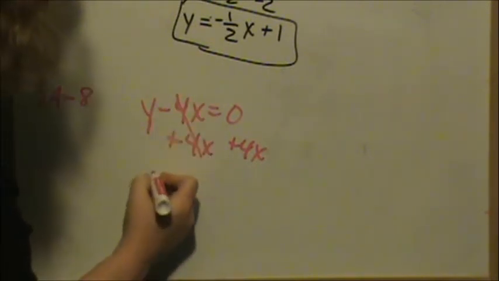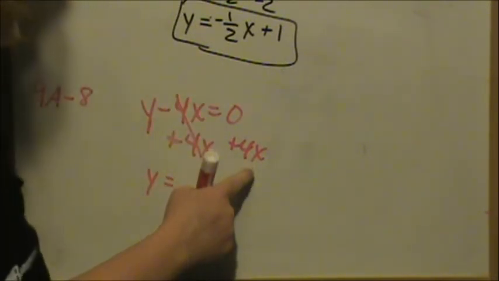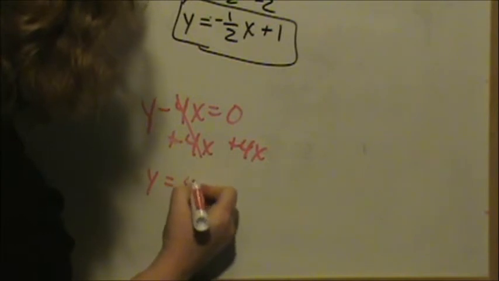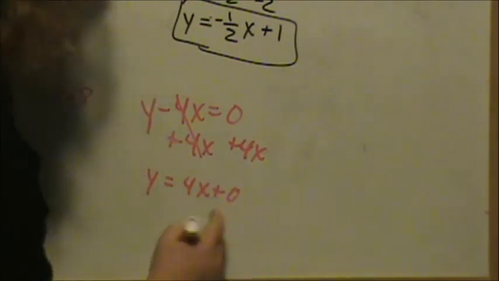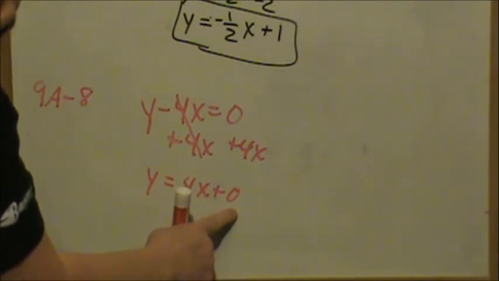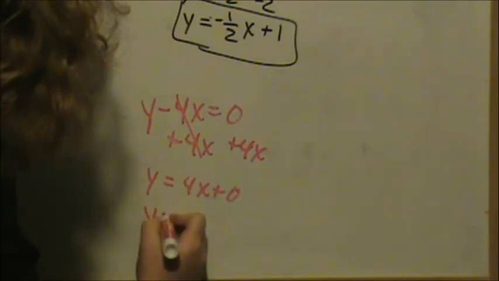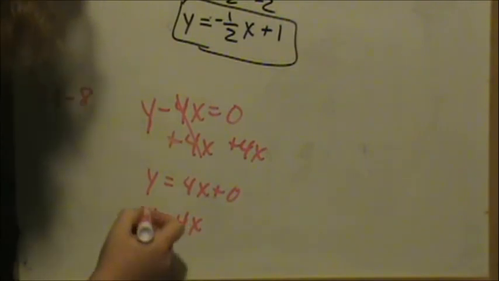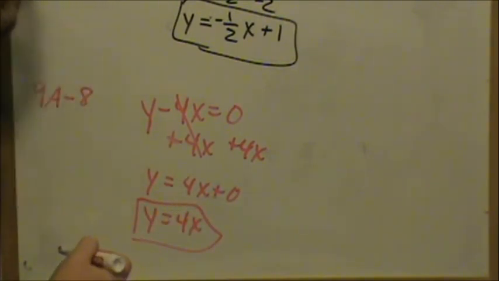Those cancel on the left, so I'm left with y equals, I cannot add x's to whole numbers, 4x plus 0. When you have plus 0, there's no need to write that. It's nothing. So you can just write y equals 4x, and that is in slope-intercept form.